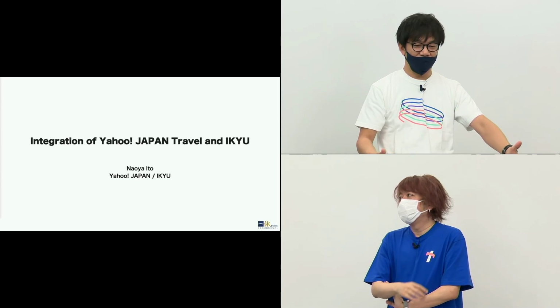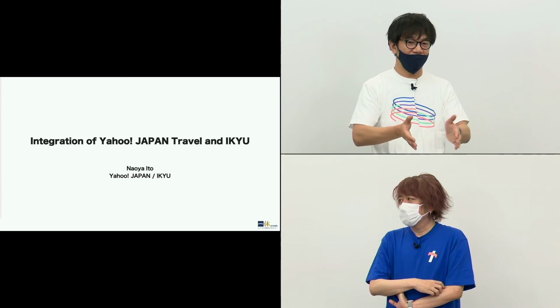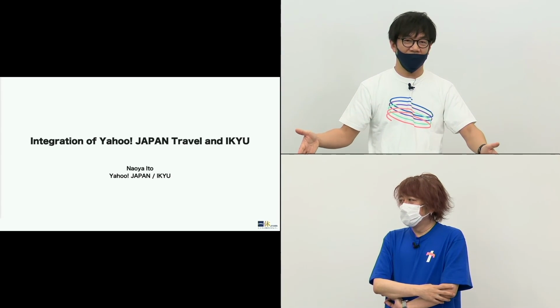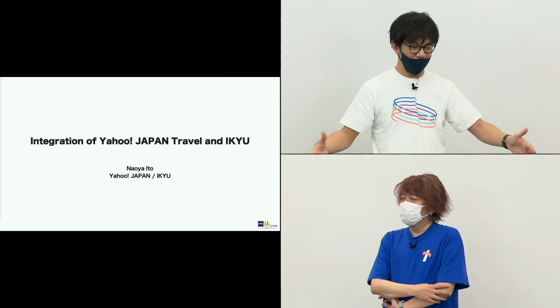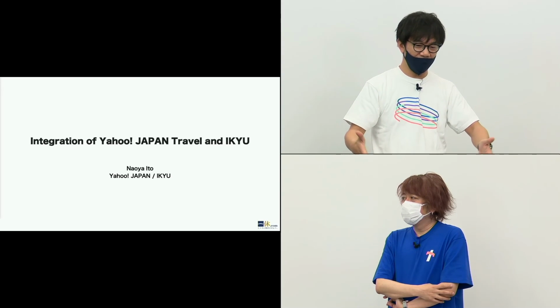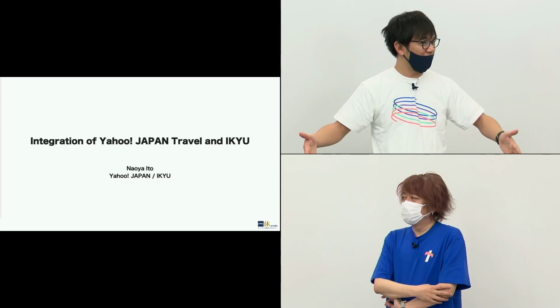focus on booking for travel, but travel consists of many different things. So even before booking hotels, you have a lot of plans, and when you actually stay in the hotel, you want to go to different sites. And since we have integrated, we have a lot of customers, we would like to expand the experience for the customers.